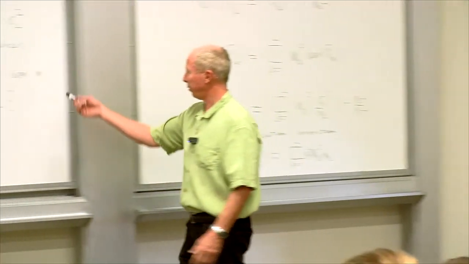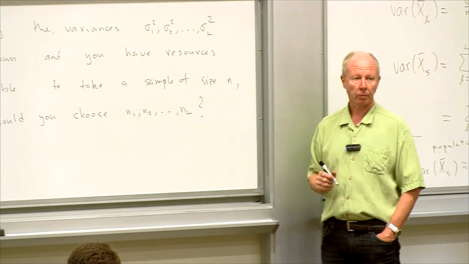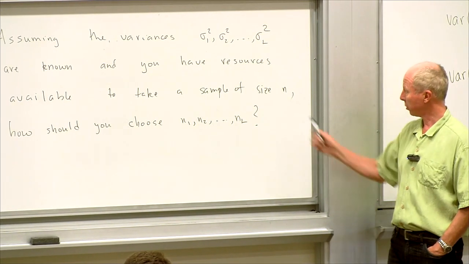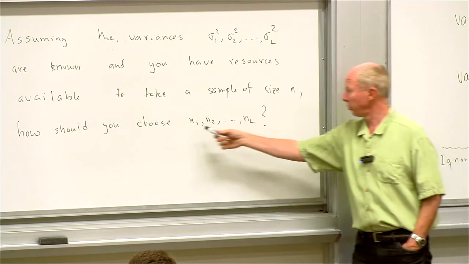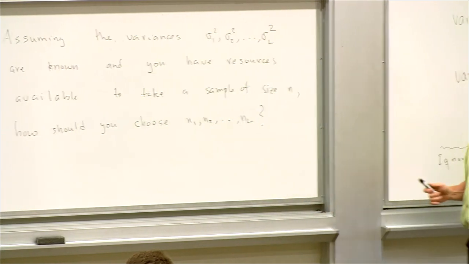And you can take a sample of this size. You don't have unlimited resources, so you take some smaller sample. How should you choose N1 through NL?